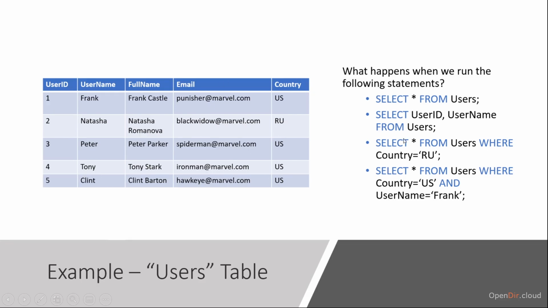If we wanted to select every single thing from the users table where a condition applies, say country equals Russia, well, then we're only going to pull out Natasha here, the Black Widow. Or let's try one more. If we select everything from users where the country is the US and username equals Frank, well, the US will pull down all of these, right, except Natasha. And then we also set the condition of Frank, so it's only going to pull down this first column here.